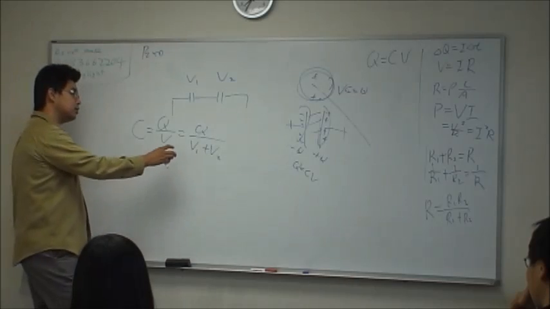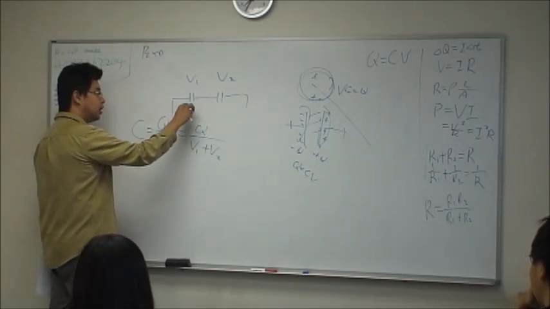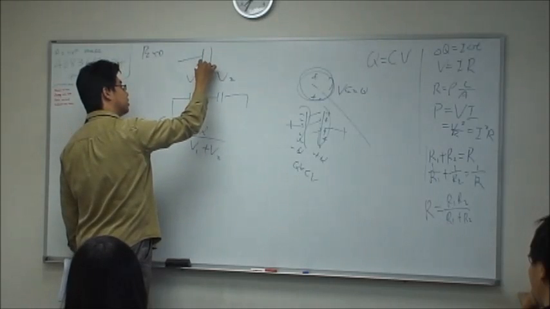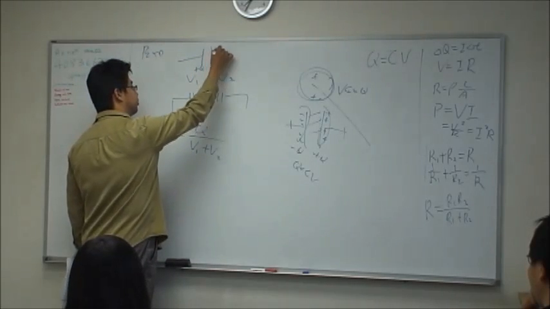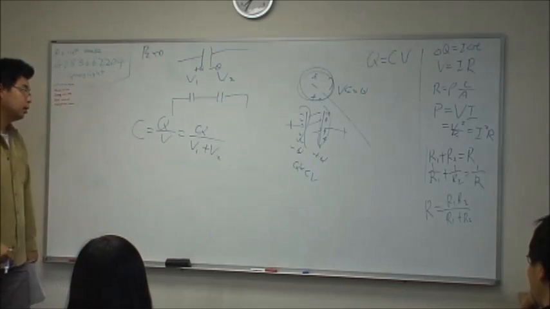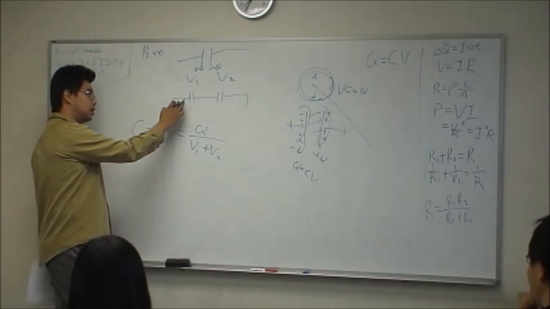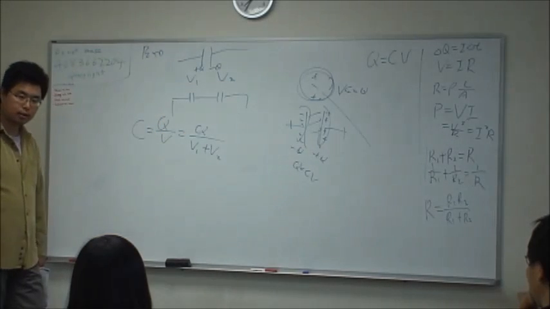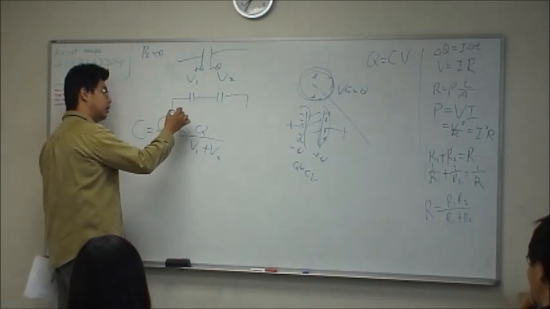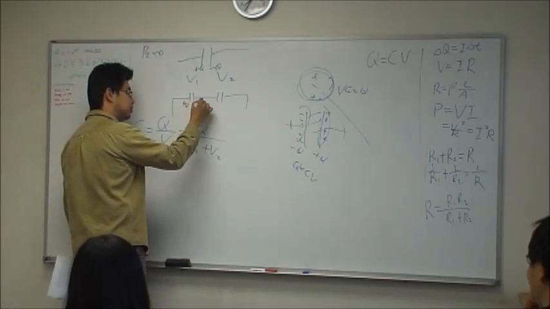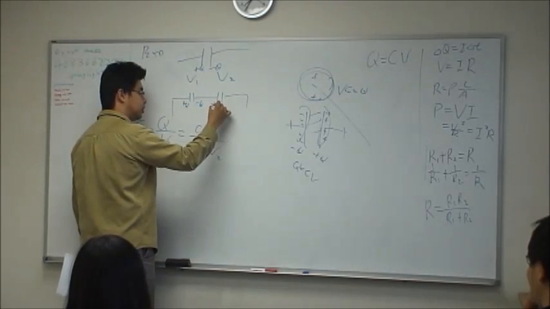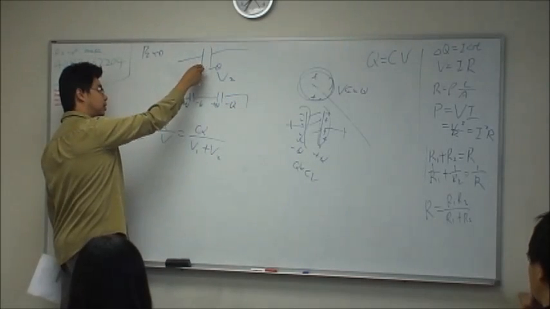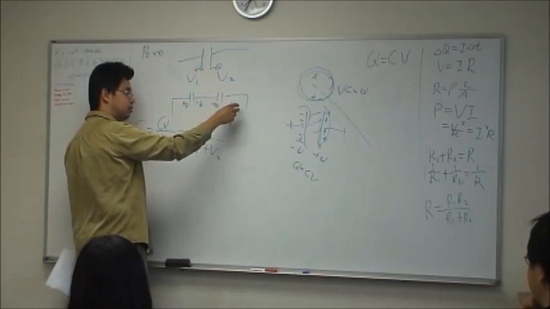Right now I say there is a charge of Q, meaning that if I consider this as a single capacitor, one side is positive Q, one side is negative Q. My question is, how much charge here, here, here, and here? What you find is that this is positive Q, this is negative Q, this is positive Q and this is negative Q. So the positive Q is here, negative Q is here.